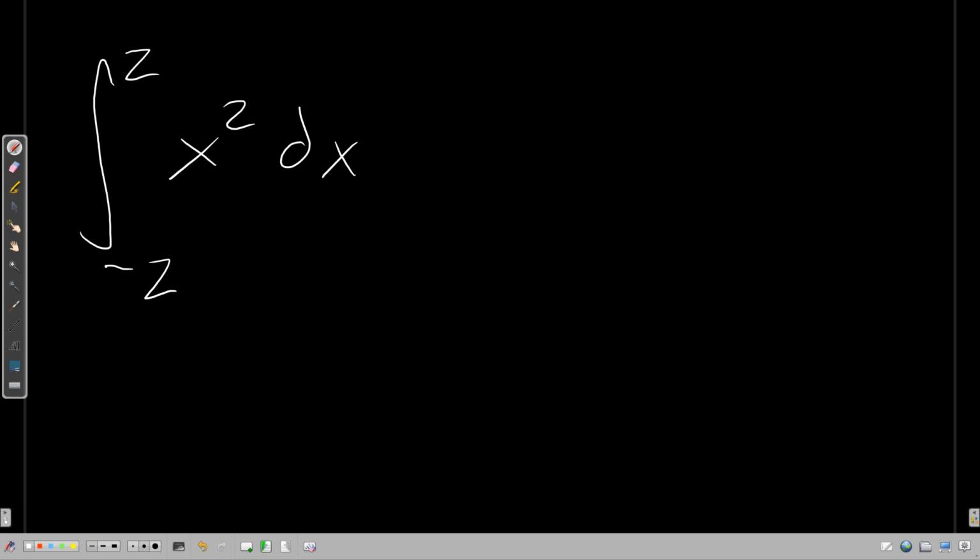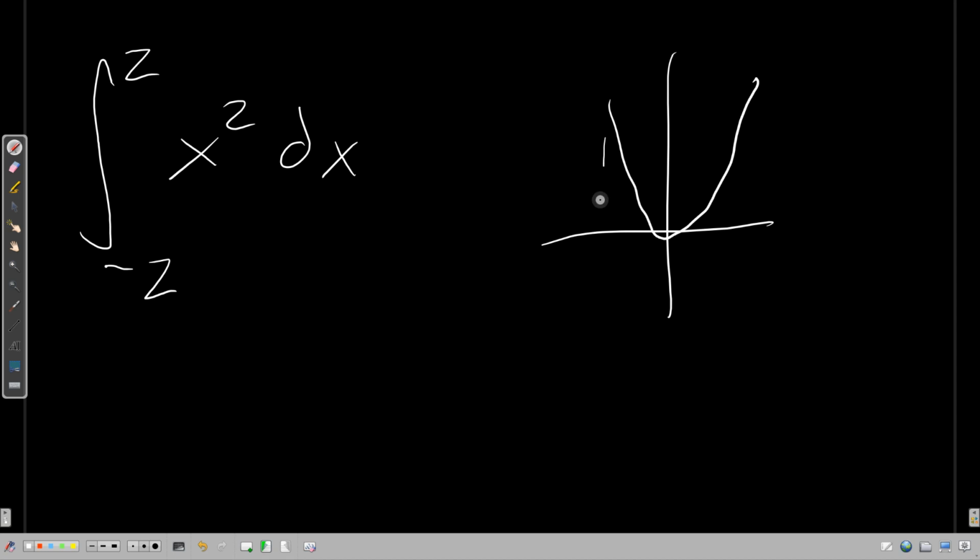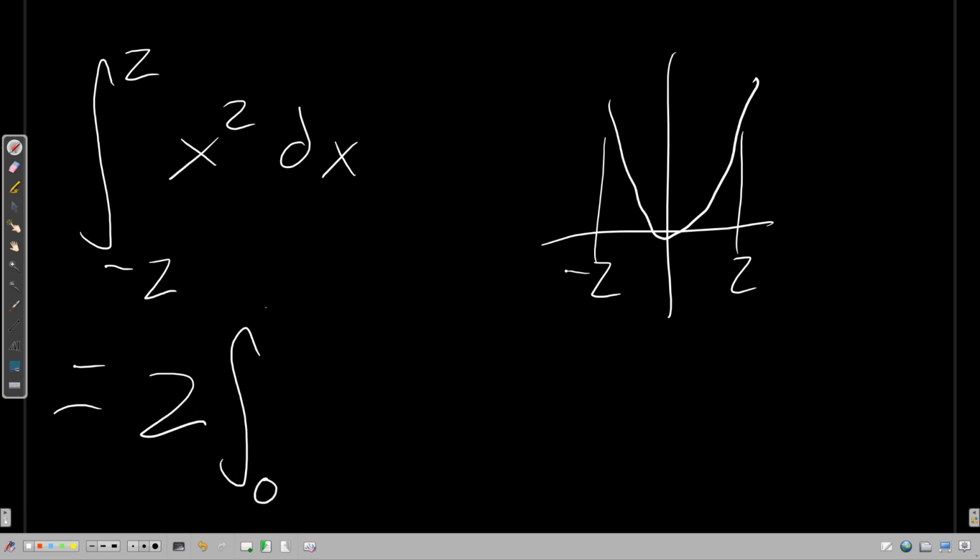So I might ask a question that says, simplify this integral. Don't integrate it, but just simplify it. Well, x squared is an even function, so if I integrate across this symmetric interval of an even function, then really I just need 2 times the integral from 0 to 2 of x squared dx. That would be a simplification.